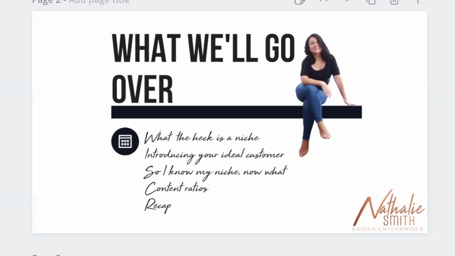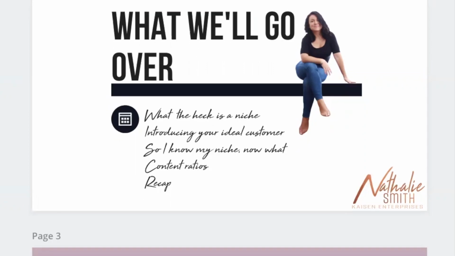And then how to balance your content ratios in terms of, how much do I talk about the products? How much do I talk about the business? How much do I talk about life and show my lifestyle on my social media? And again, be flexible. I'm going to give you like a baseline, and I know there are a lot of people that can also chime in and share as well.